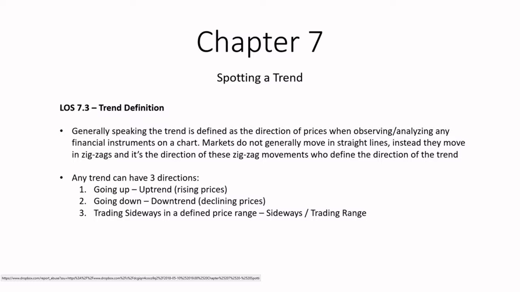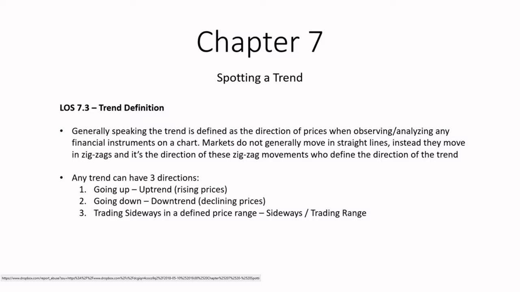Now, any category of trend can have three directions. It can go up, it can go down, or it can go sideways. When it's going up, we say that we have an uptrend, and this means that the prices are rising more frequently than they are falling.